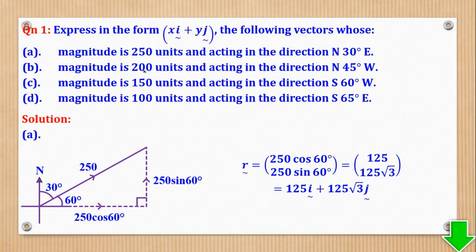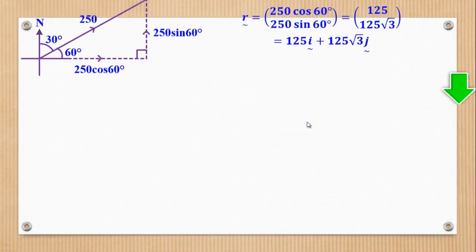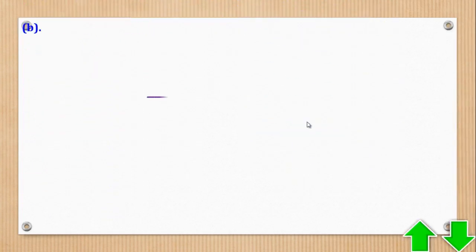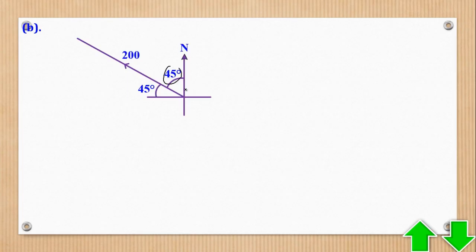That was part A. Part B, they've given us magnitude of 200 and direction of north 45 degrees west. So north 45 degrees west, meaning 45 is here. So we shall make a sketch. So this is our 45 and the remaining part to make 90 is 45, that's why you put it here.